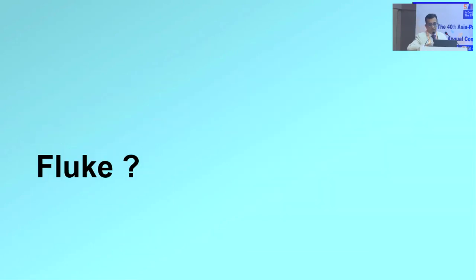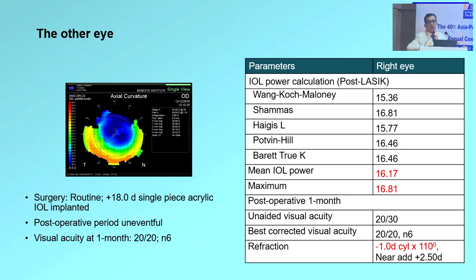So was it a fluke? It was not a fluke, because we used the same ASCRS IOL power calculator for the other eye, where the zone was well centered, and again we landed up with a -1 diopter cylinder after 1 month and no spherical equivalent. Is it only for this?